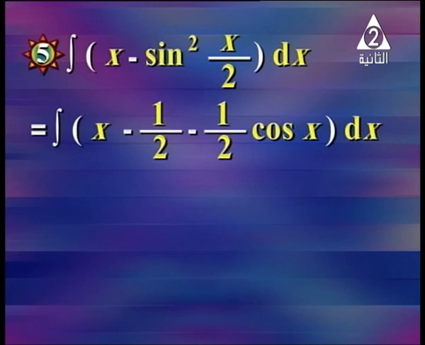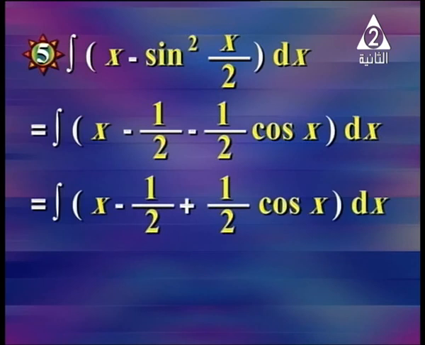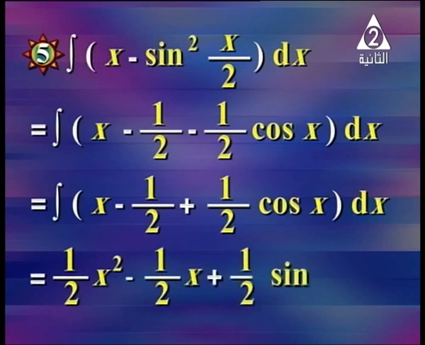What is the integration of x? The integration becomes 1 over 2x squared minus 1 over 2x plus, what is the integration of cosine x? Sine x multiply 1 over 2. Then the integration becomes 1 over 2x squared minus 1 over 2x plus 1 over 2 sine x plus c.